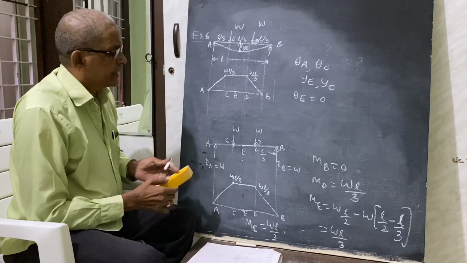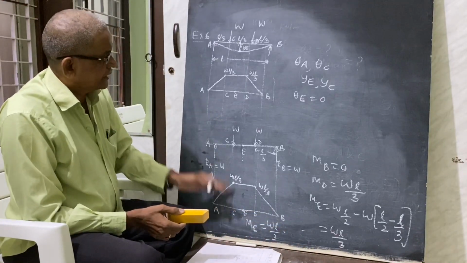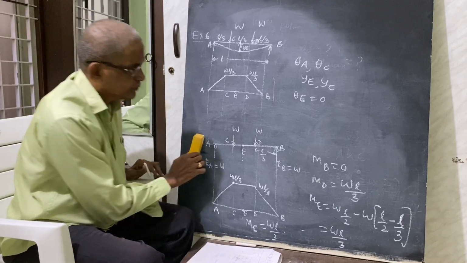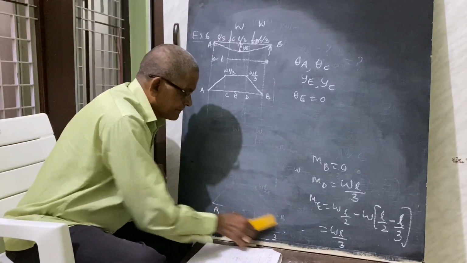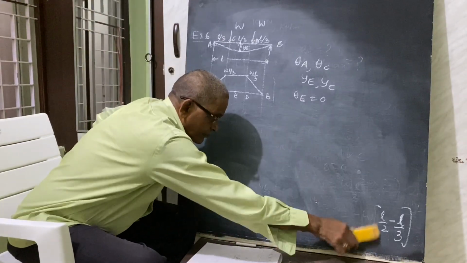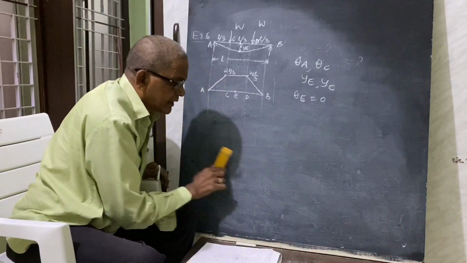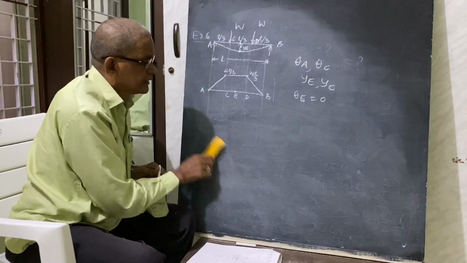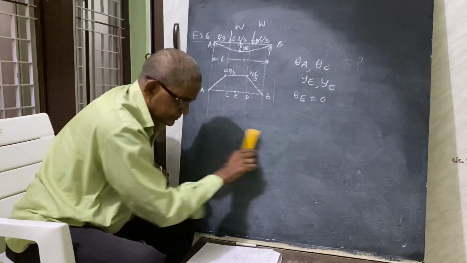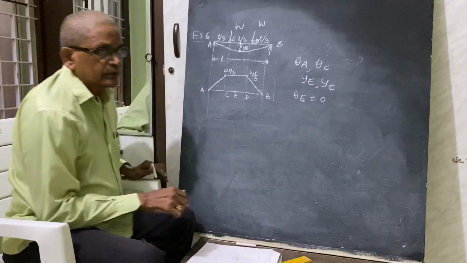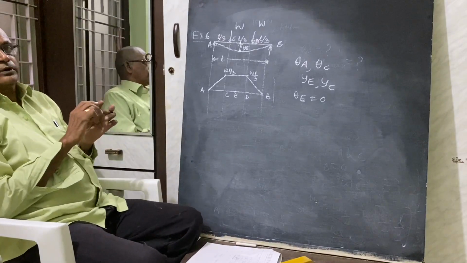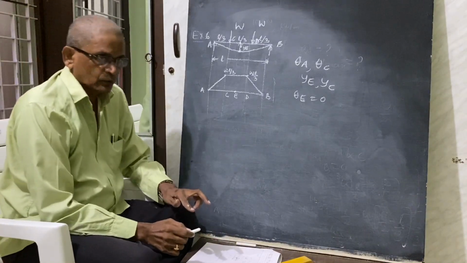Now this is the bending moment diagram which we have found out here and drawn here. Now I will remove this one. You must draw your bending moment diagram correctly, otherwise the entire thing will fetch you 0 marks. So the most important thing is you must draw your bending moment diagram correctly, number 1.